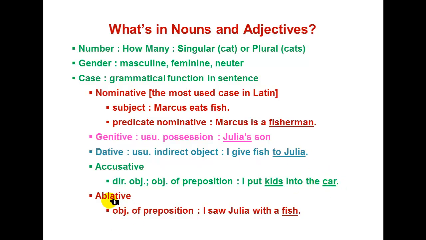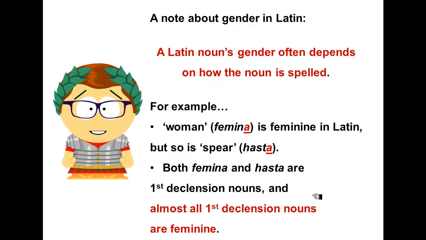In Big Book 1, though, the other major case that we see is the ablative case, and this is used for the object of certain prepositions. So in the sentence, I saw Julia with a fish, in Latin, the word fish would be in the ablative case because the Latin preposition that means with always takes an ablative object.